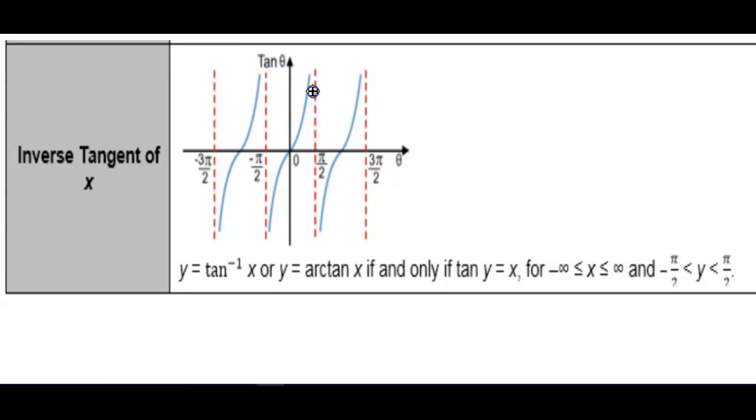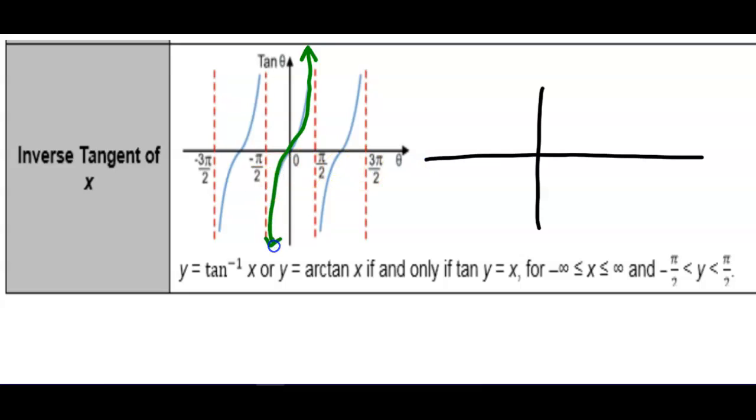So we are going to concentrate on this piece right here. We don't really have ordered pairs to flip around. We could find a couple, but the bottom line is that -pi over 2 was an asymptote, is now going to be a horizontal asymptote.